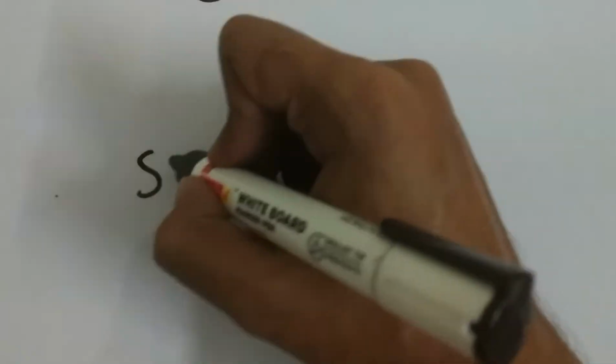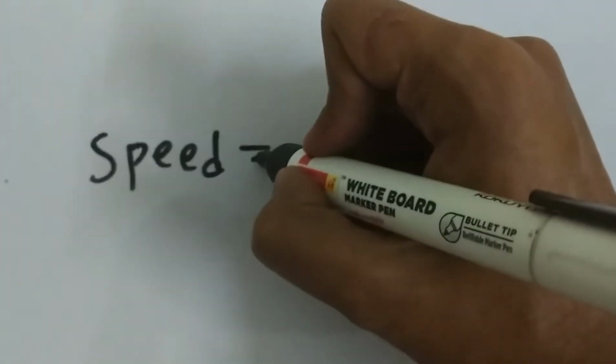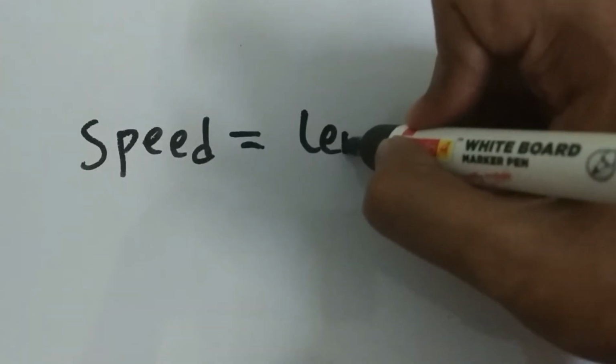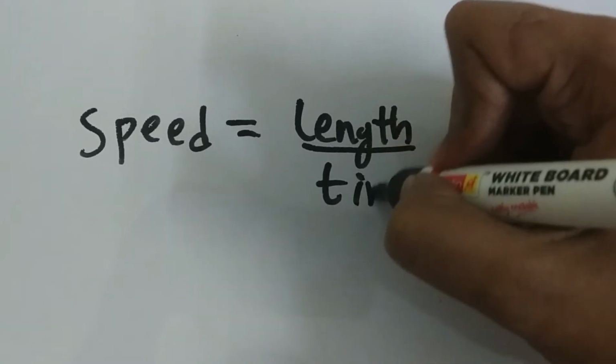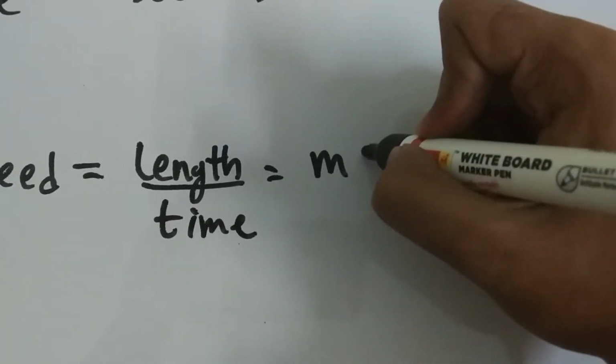Now there are other units like speed. Speed is not a fundamental unit. Speed is a secondary unit. Speed is nothing but length per time. So its unit is meter per second.